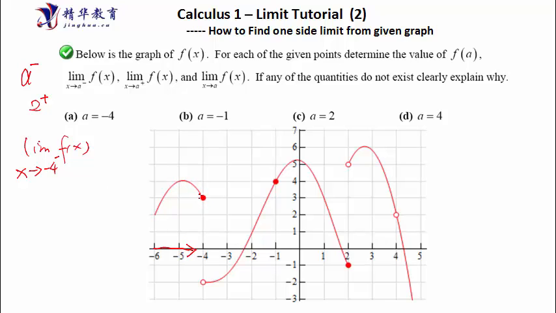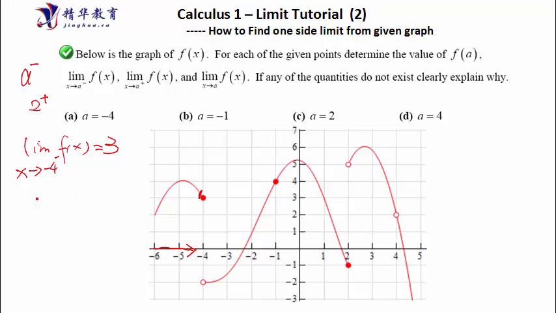So this part is -4, a little bit less, and the value is a little bit bigger than 3. From the top going down, it's very, very close to 3. So the limit as x approaches -4 negative means approaching the x value of -4 from the left hand side, where we get a value equal to 3. So this is equal to 3.